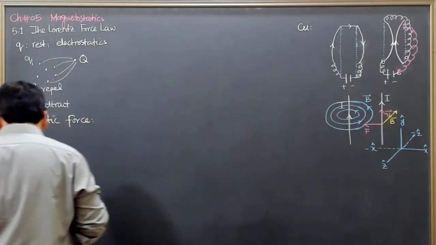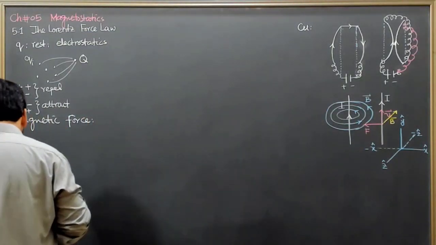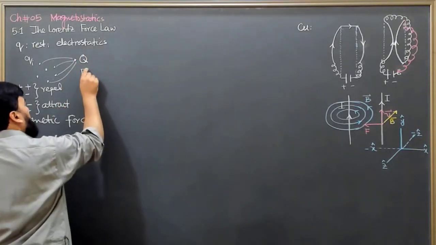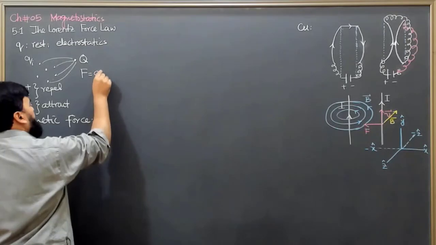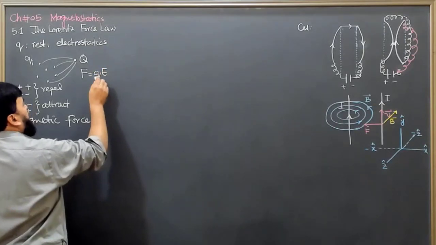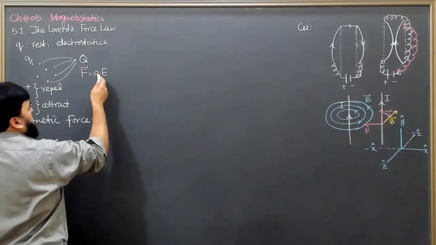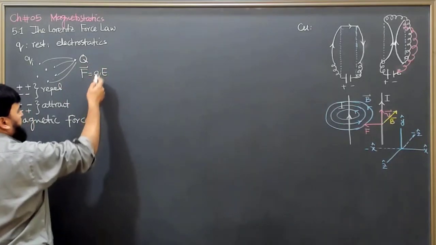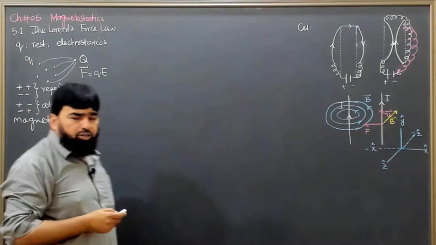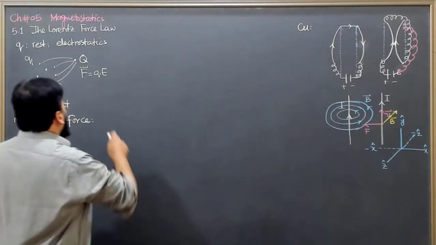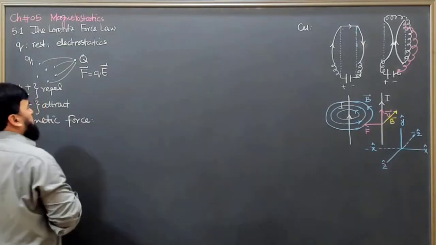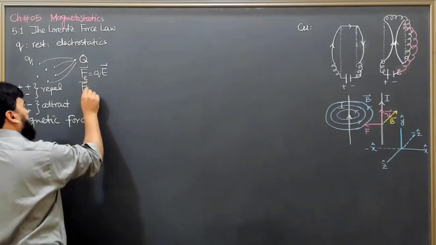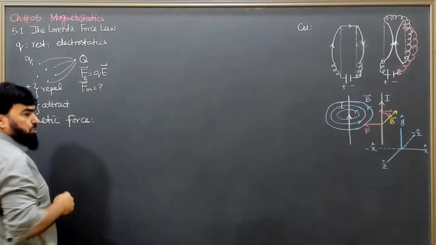We know about the electrostatic force that it was equal to F equals QE. I'm writing this Q generally, because if you use the test charge here, then F over Q is the electric field. So the electric force is equal to this one. Then what is the magnetic force equal to?